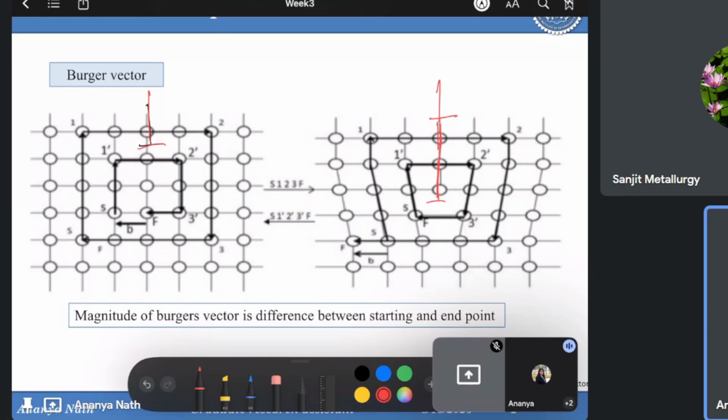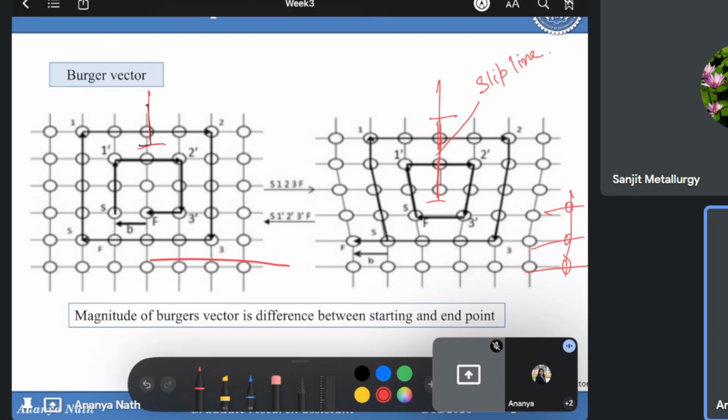Wherever you find a discontinuity in the lattice, there we consider the slip line. Now this is an edge dislocation, because this extra half plane will appear here, and this will be the edge dislocation.